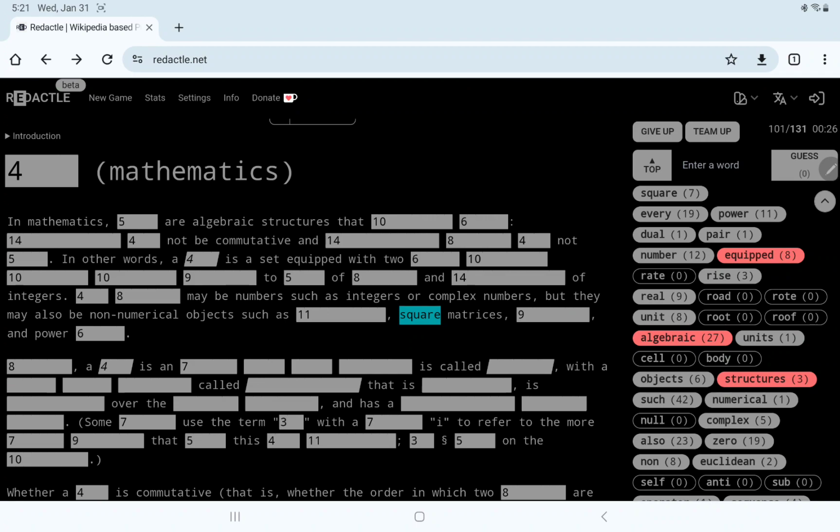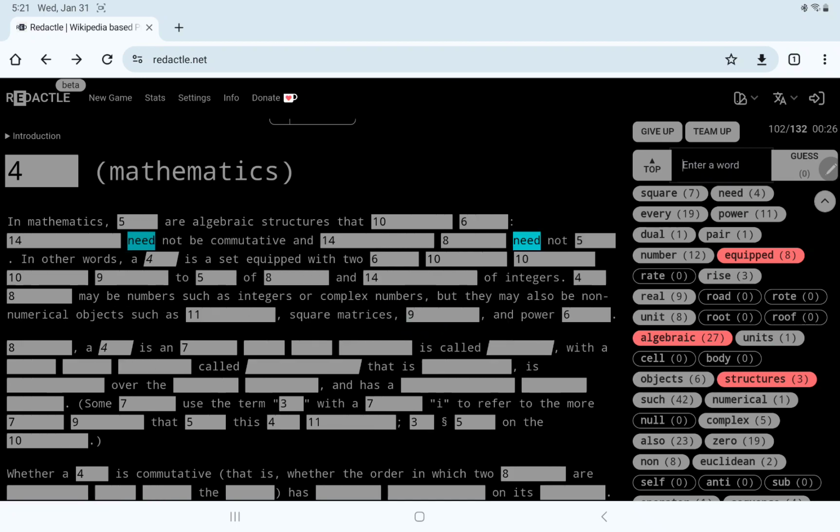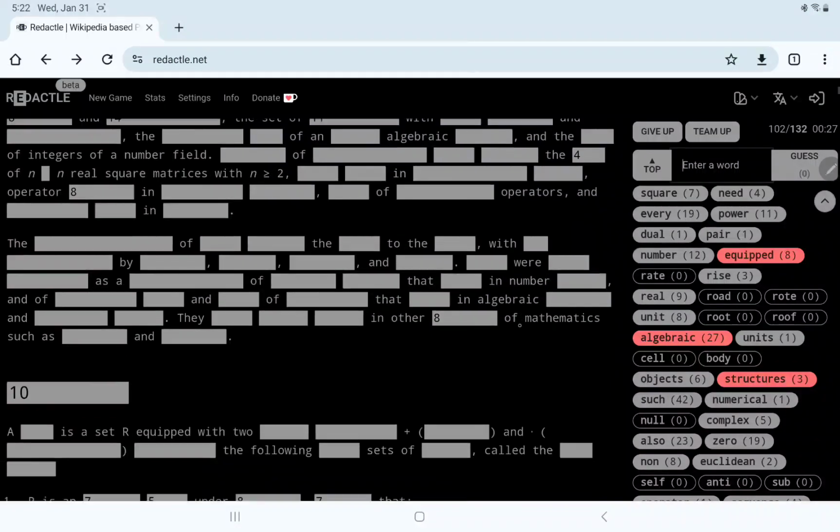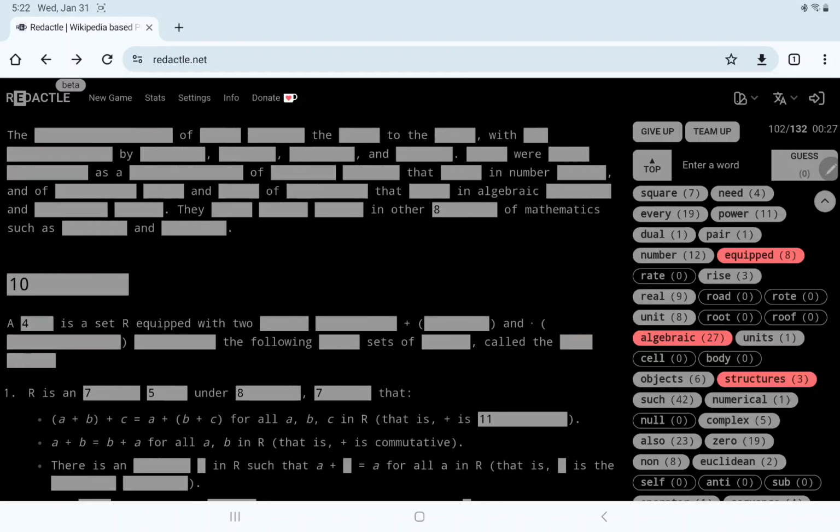Algebraic structures. Oh, they need not be, that was the verb, need not be commutative. In other words, a something is a set equipped with 2... No. Let me see if I can find again where I thought.